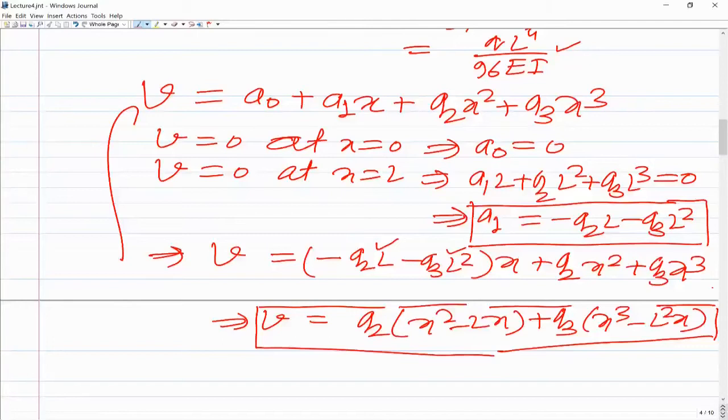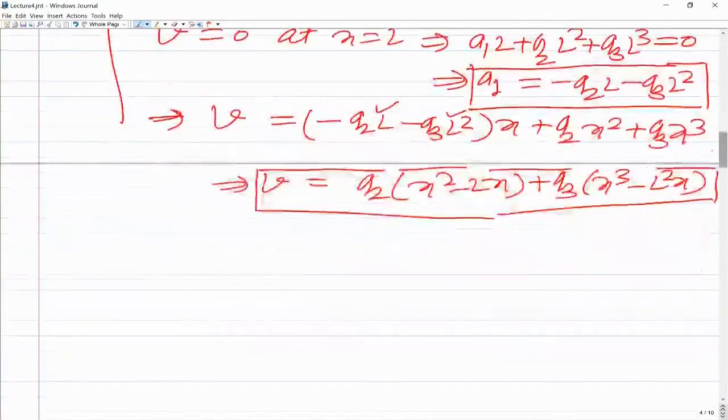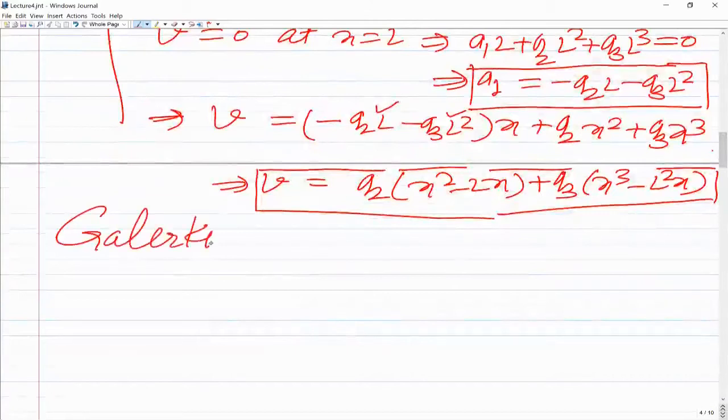These have to be determined by satisfying the weak form, and for that we need to choose the weight function. So in this case, how do we choose the weight function? Let us say we want to use the Galerkin method. Now there are two unknown constants, a2 and a3, so we require two simultaneous equations.